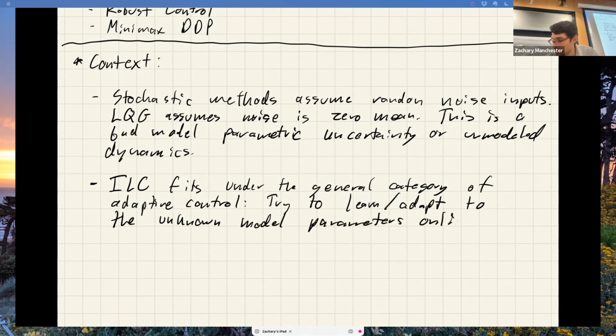So those are the two things we've talked about so far that get at what happens when the model's bad.